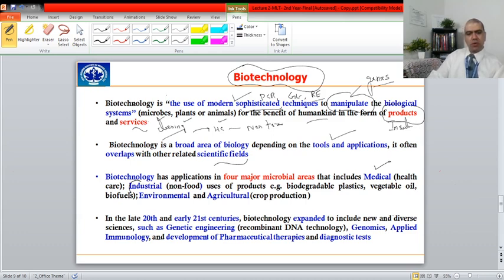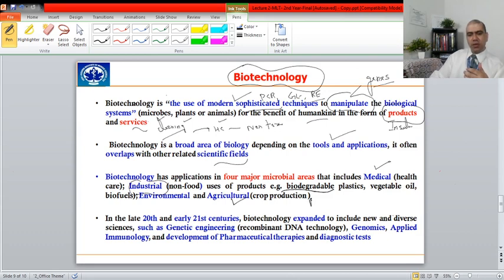We also talked about the industrial applications of biotechnology, where we can enhance or broaden our production by using genetically engineered microbes, and we can also use them for biodegradation of plastics, vegetable oils, and biofuels. They can also be used in environmental and agricultural production, that is production of different kinds of crops.